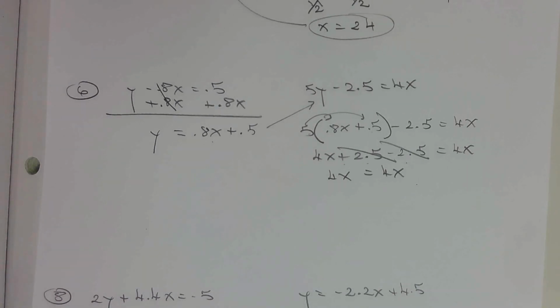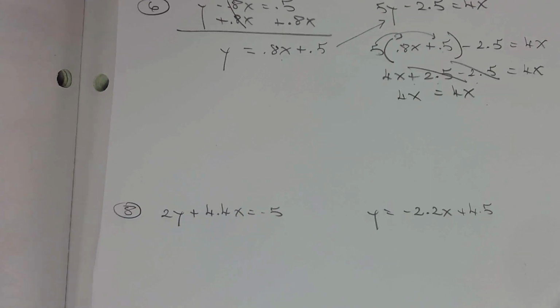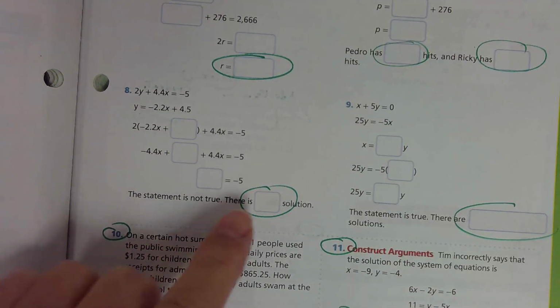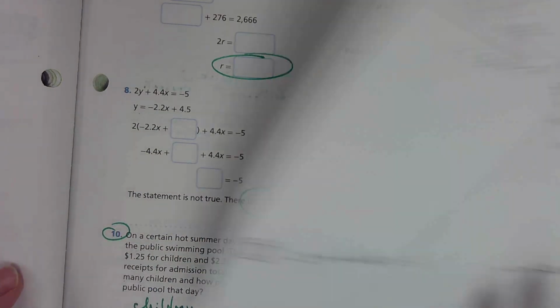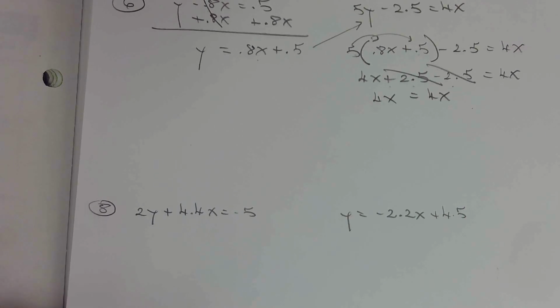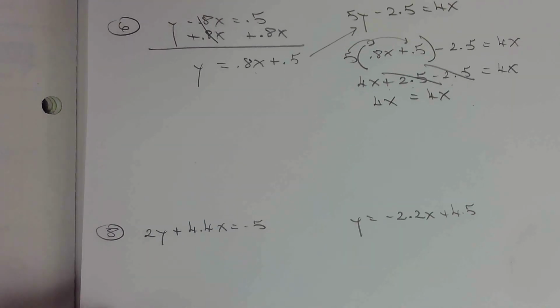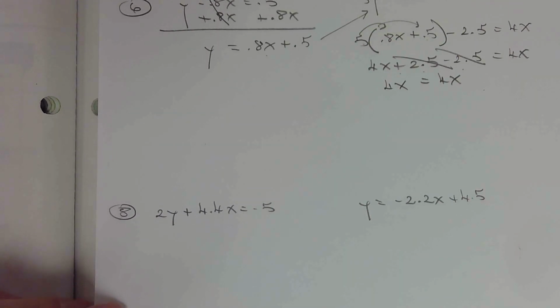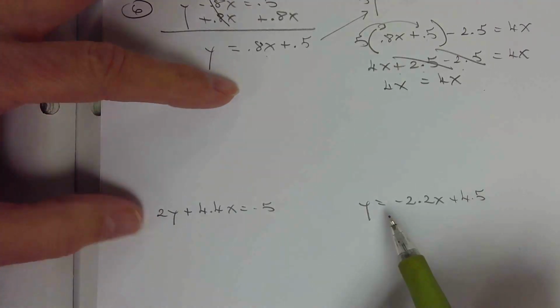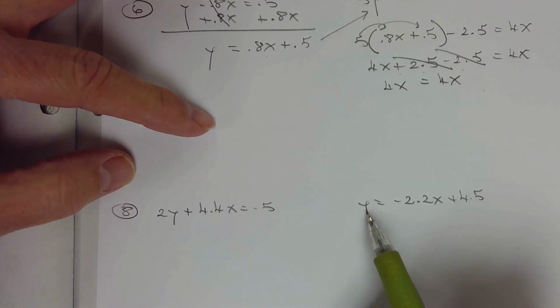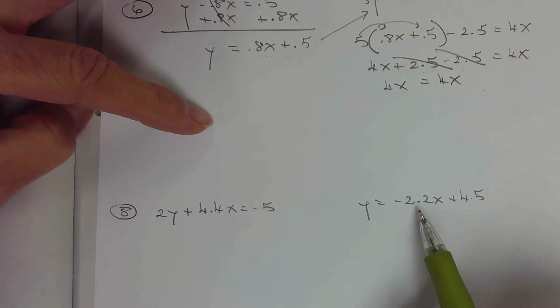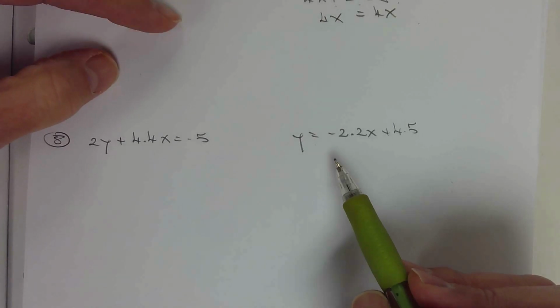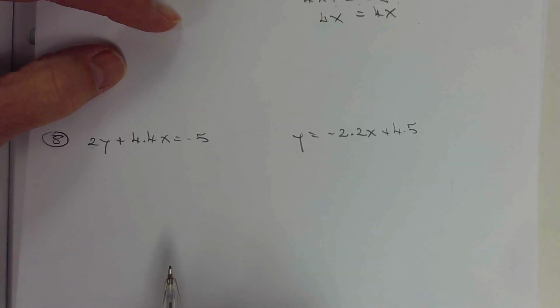Well, let me do one more. Number 8. Let's see here. Again, it looks like we know what y is. They're giving it to us: y equals negative 2.2x plus 4.5.